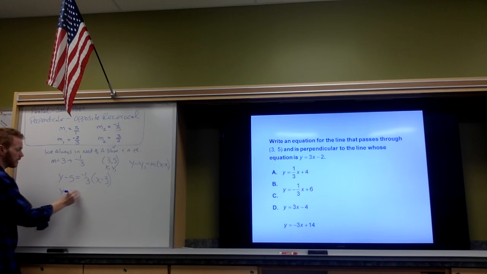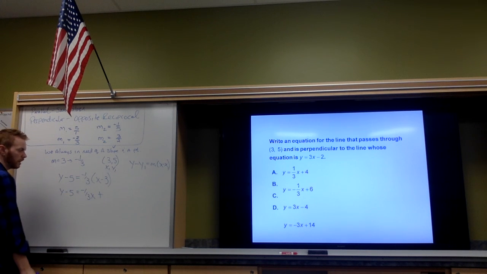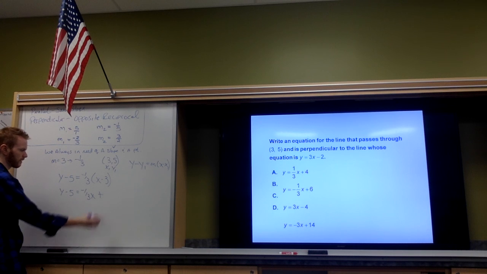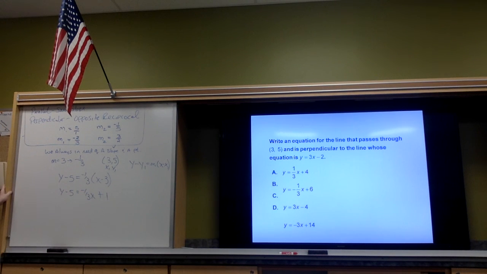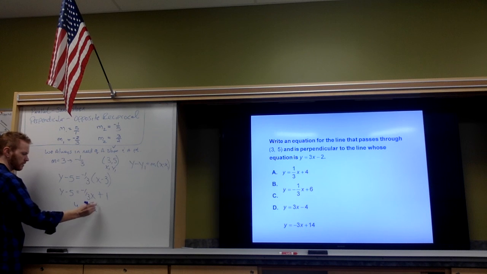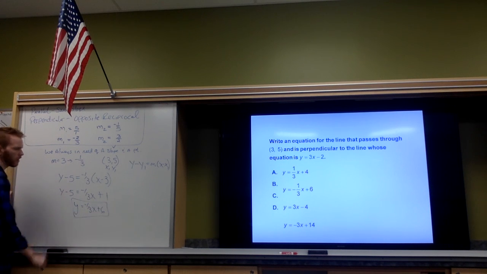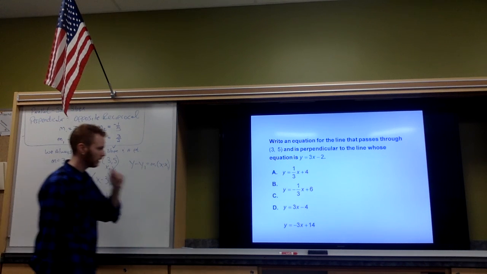So y minus 5 equals -1/3 x, and negative makes this positive. Hey, 1/3 and 3. What do we get? 1. This is really nice. Last step, add 5 to the other side. So -1/3 x plus 6. That's my final answer. So option B. Okay, option B.